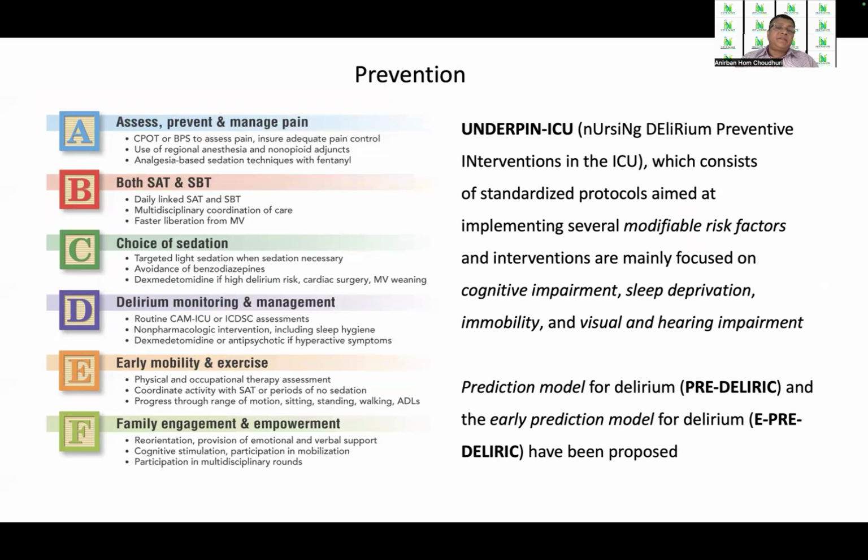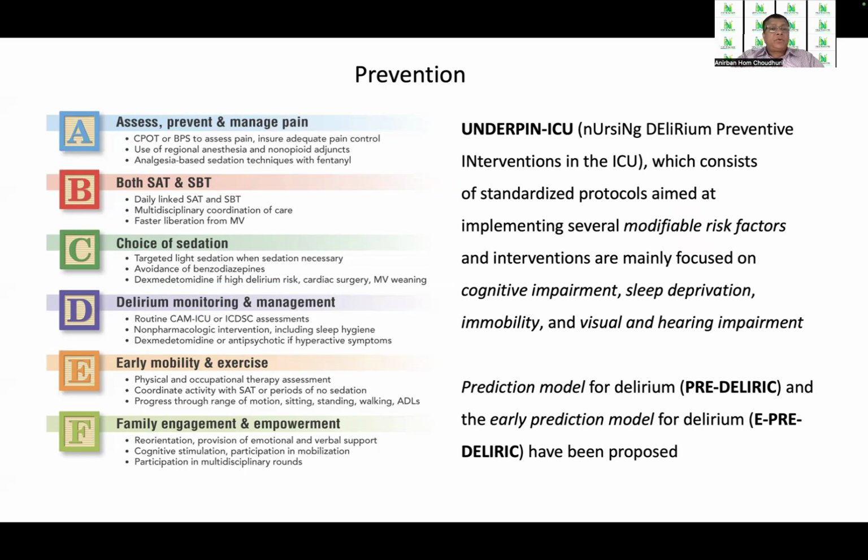More important is the prevention of delirium. Whenever we come across a high-risk patient with some important predisposing factors, it is important to follow this ABCDEF bundle. A stands for assess, prevent, and manage pain.